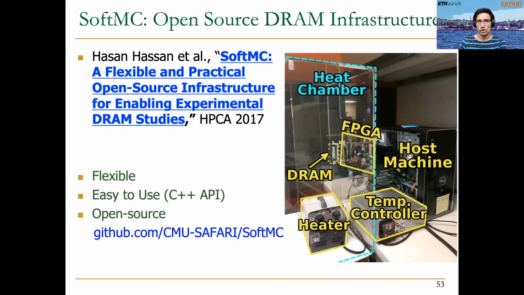In order to do so, they used an FPGA-based memory controller that is from the SAFARI group.